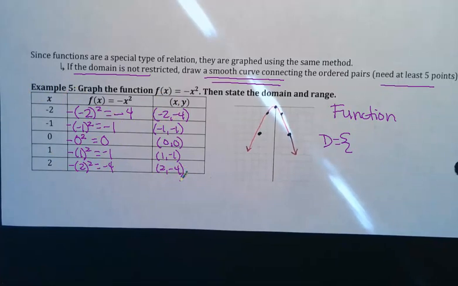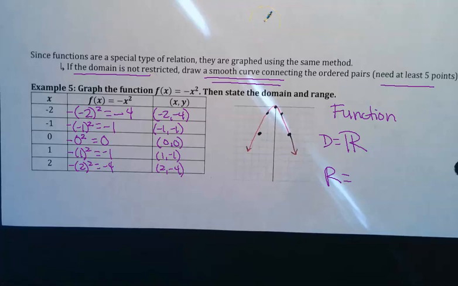So domain is my x or y values? X. So all across my x, where do they start and stop? You don't stop, right, because they're going to keep going and they'll spread out this way, and they'll keep going and spread out this way. So my domain is all real numbers. So I actually don't even need my brace here. How about my range? Does it include all the values that go up and down this y-axis?